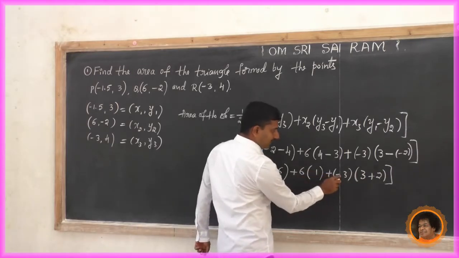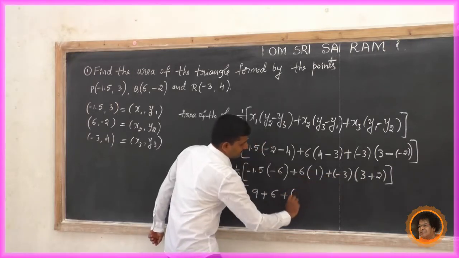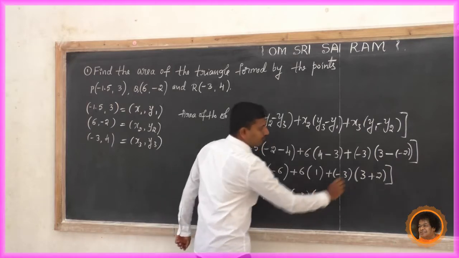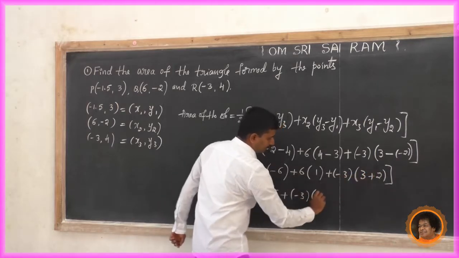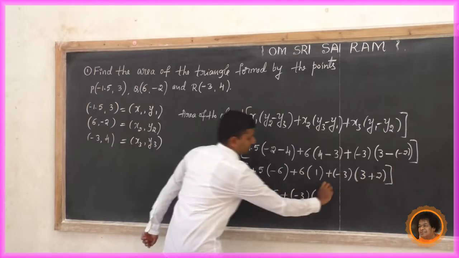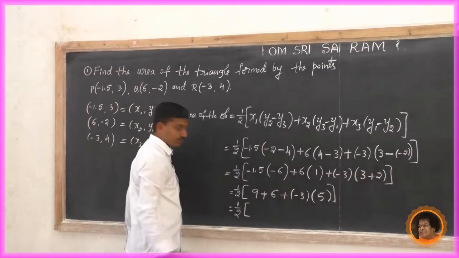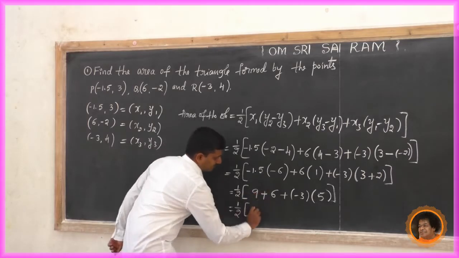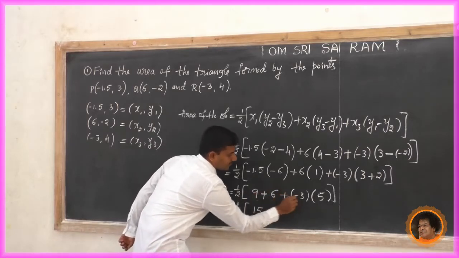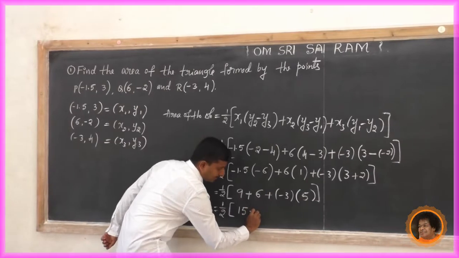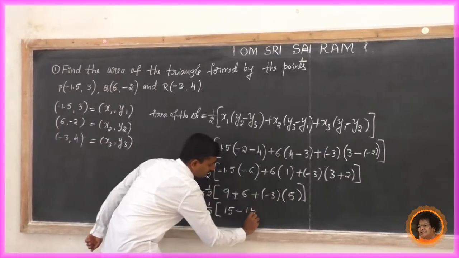What is the sign here? Minus 3 into (3 plus 2), that is 3 plus 2 equals 5. So this equals half into 9 plus 6, which is 15, plus minus 3 into 5, which is minus 15.